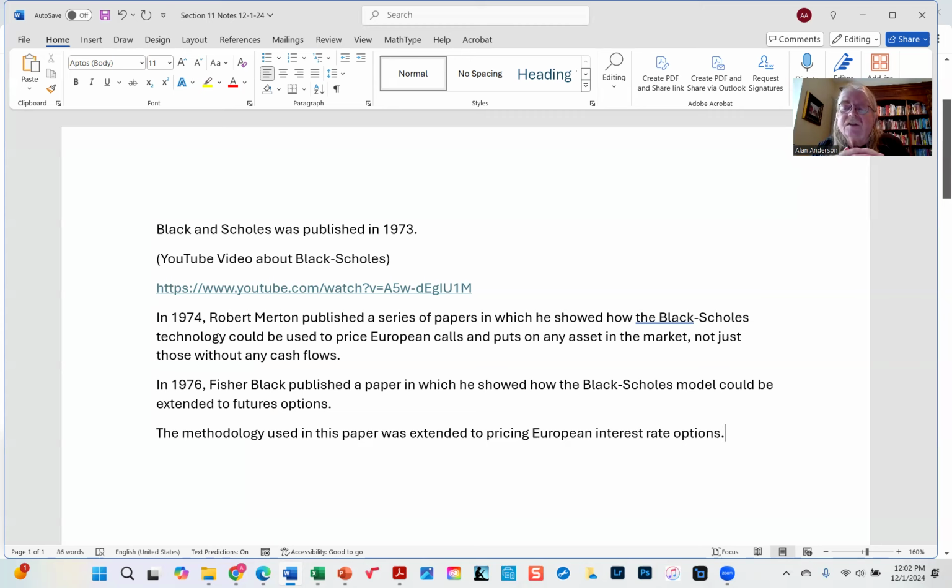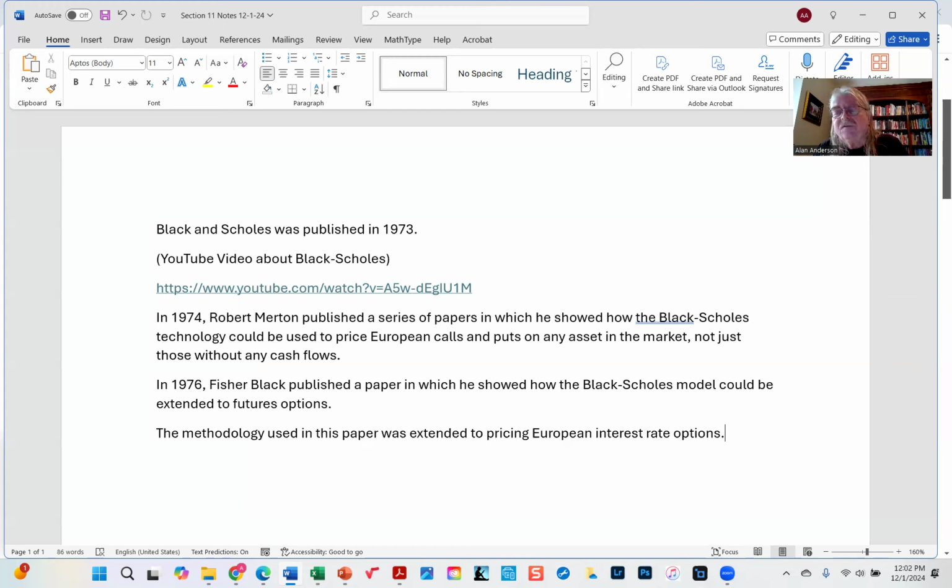If I exercise that option, I can't be delivered interest rates. So instead, these are typically cash settled. And that works just fine for most hedgers because they don't necessarily want to get involved with buying or selling or exchanging cash for some underlying asset. Instead, they're simply looking for a pure hedge on their position. So it's this paper that was adapted to the pricing of interest rate options.